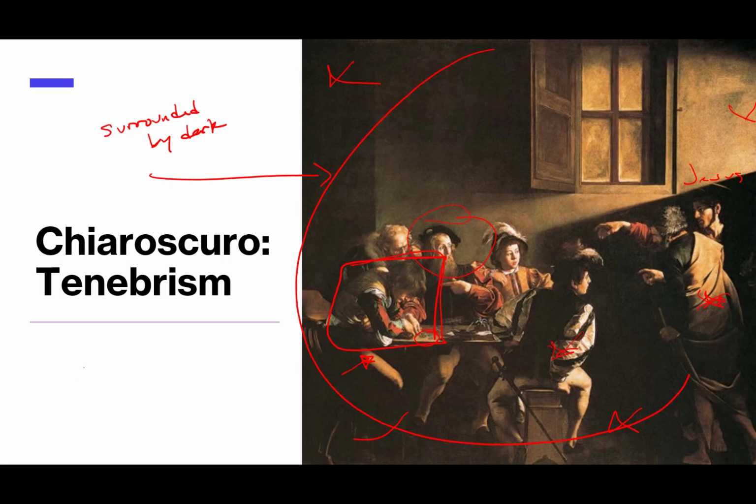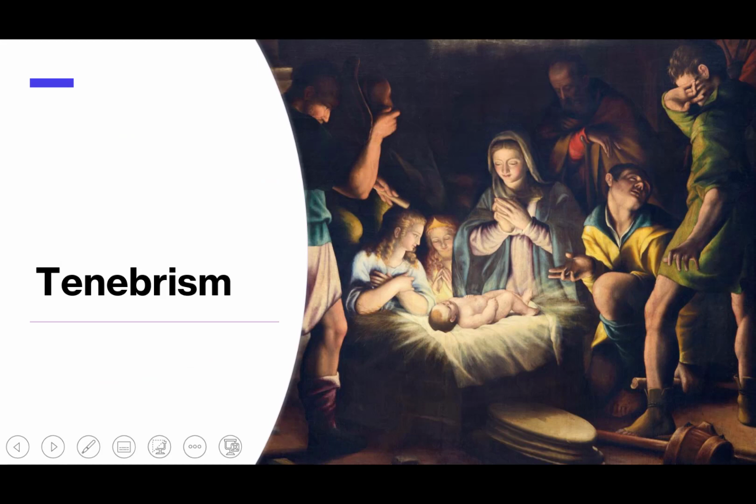So it's meant to create, like I said, this dramatic effect. Here's another one, and this was often used during the Renaissance period, where you see a lot of religious artwork. Single light source, baby Jesus, shining out the light onto everyone else, so much so that he's covering his eyes, and then everywhere else is dark, right? They're only lit by this light source coming from the baby Jesus.